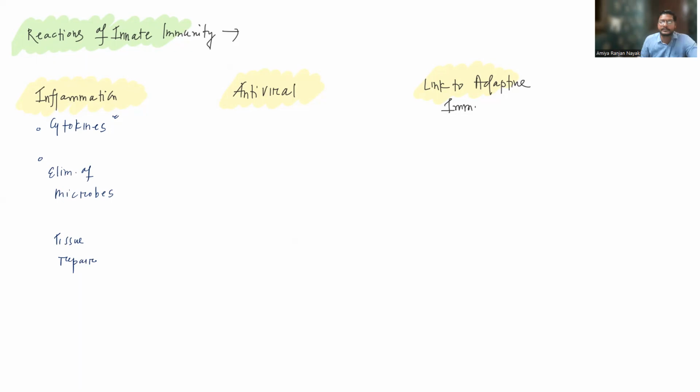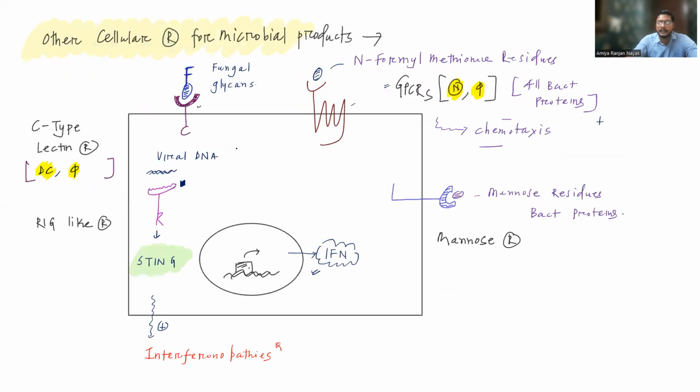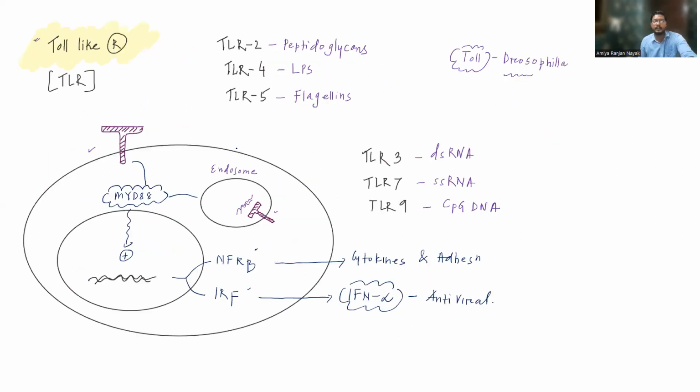Then the next thing is the antiviral properties, especially of the interferons, predominantly interferon alpha. As we have discussed, these interferons can be produced especially if the RIG-like receptor is activated through the STING pathway, and also when the toll-like receptor is activated through activating the interferon regulatory factors, it is going to produce interferon alpha.